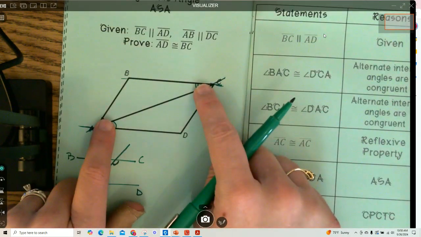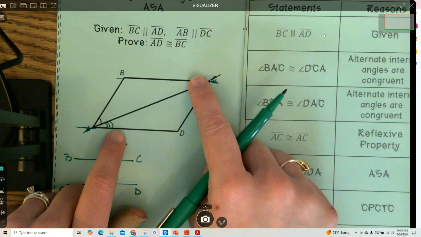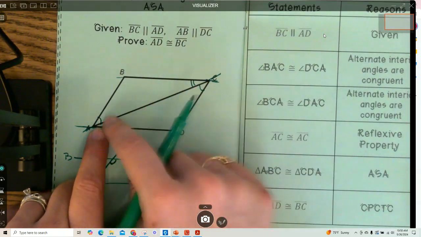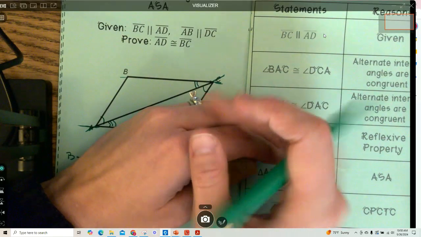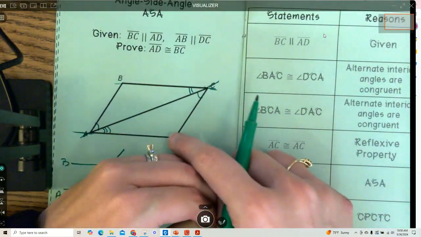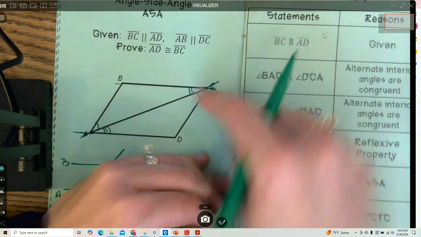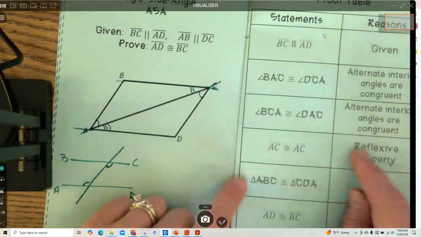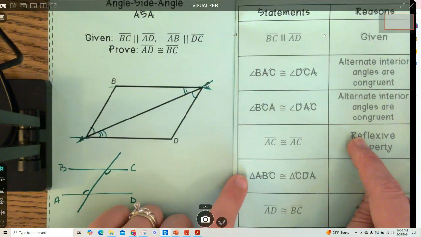So we know these two angles are congruent, these two angles are congruent. AC equals AC. That means this side of the triangle. So if we look at it just as a triangle, ABC, and then just as this triangle, ADC. They both have this side in common because they're the same side, and that's using the reflexive property.